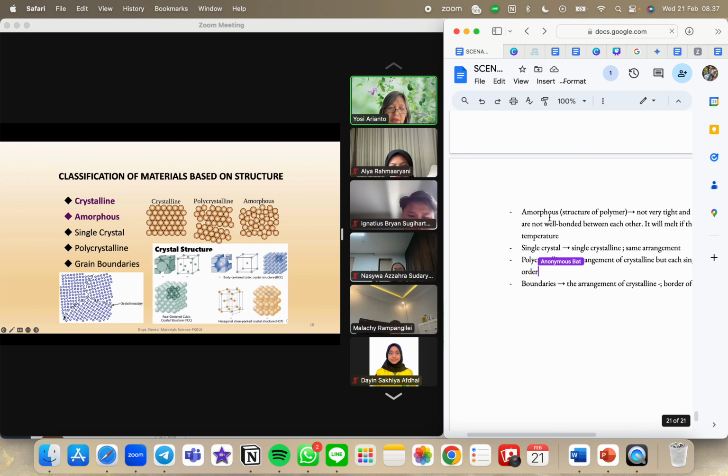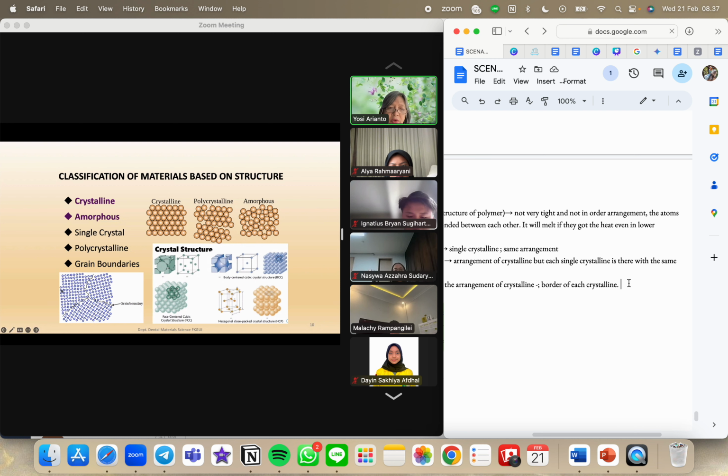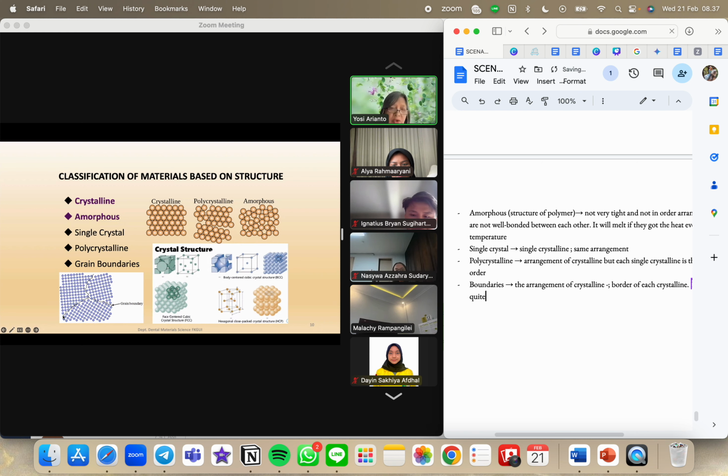These arrangements of the crystalline are quite strong, all of this is quite strong, but the bonds between all of these arrangements are not.